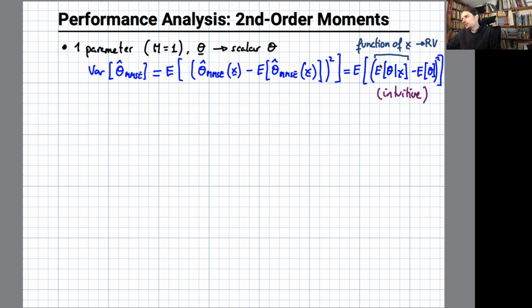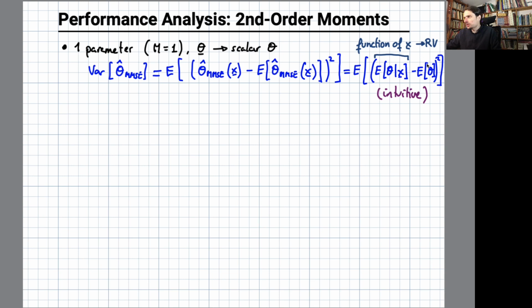Note that this is a random variable because it depends on x, right? And here what we are effectively doing is averaging the squared distance between the mean of the parameter before, our state of knowledge before we see the data, and what happens after we see the data, where the mean of theta goes, informally speaking.